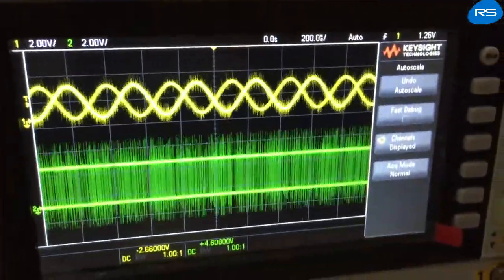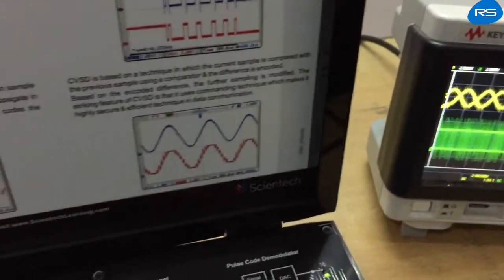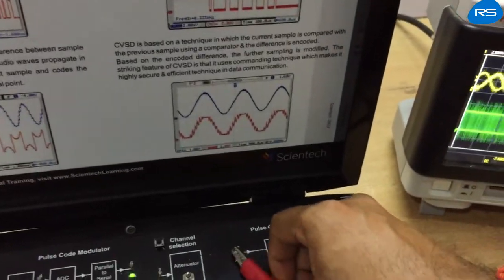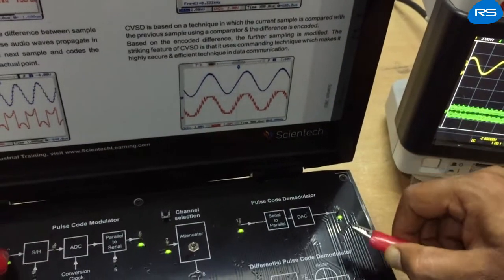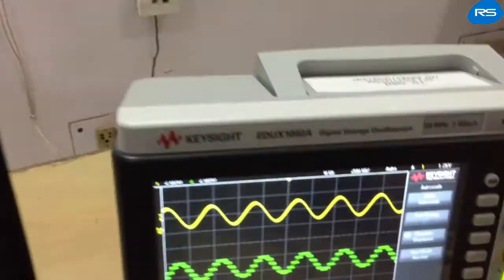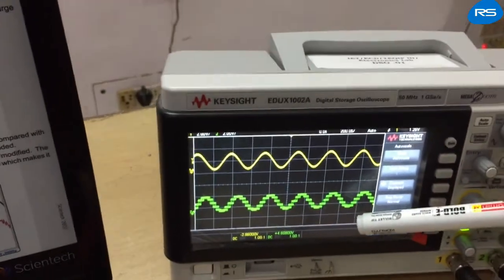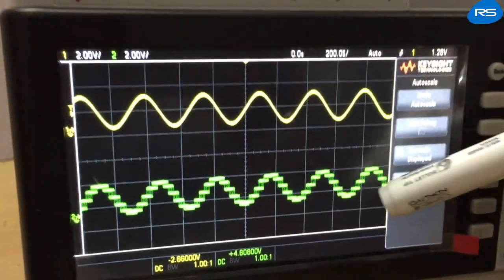This is the amplified signal which is being fed to the serial to parallel converter, and after passing through the digital to analog converter, that is after performing dequantization, we are able to get our original message signal, which is an approximate replica of the original message signal.